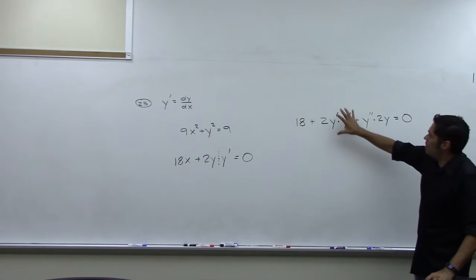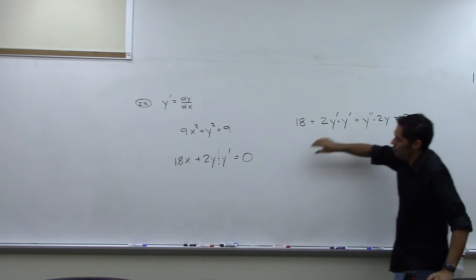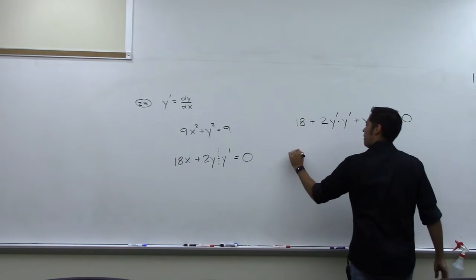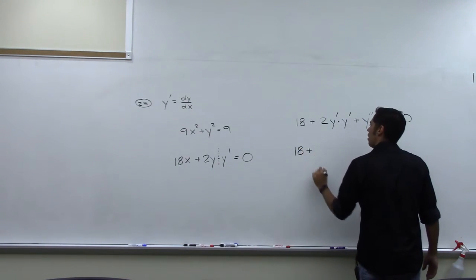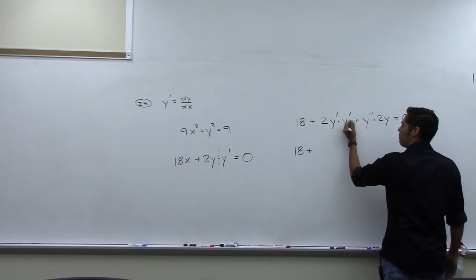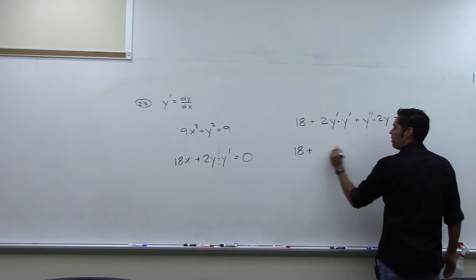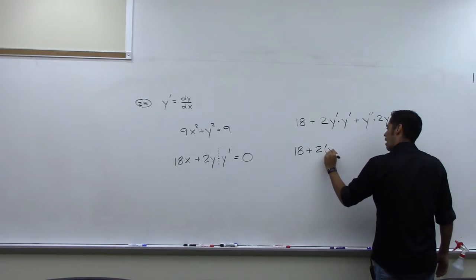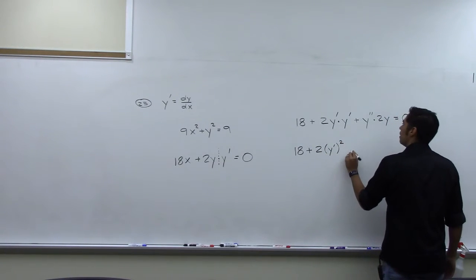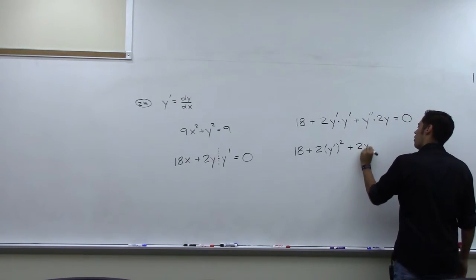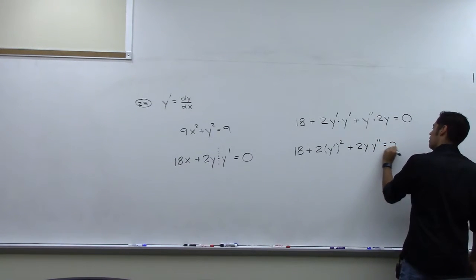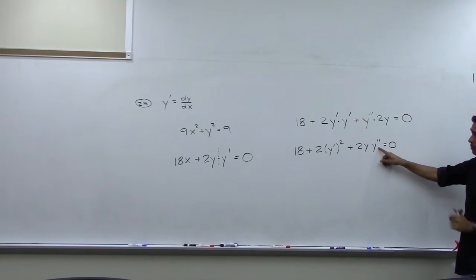So please understand, this right here is the product rule on this. 18 plus, now y prime times y prime is not y double prime, that's y prime squared. So I'm going to write y prime squared, and then plus 2y double prime equals 0. I'm trying to solve for y double prime.